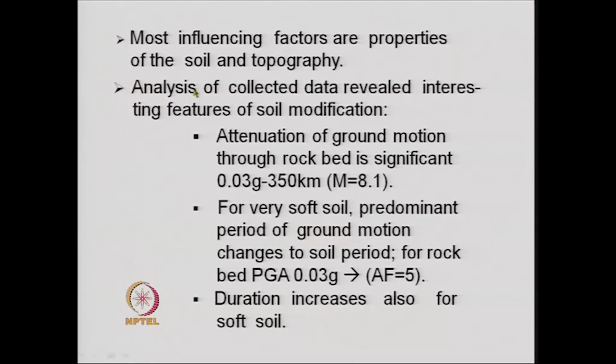It was seen that for a magnitude of earthquake 8.1, the rock bed acceleration is of the order of 0.03 g at a distance of 350 kilometer. Therefore, we can see that at a very large distance, a large magnitude earthquake can produce a very small ground acceleration.